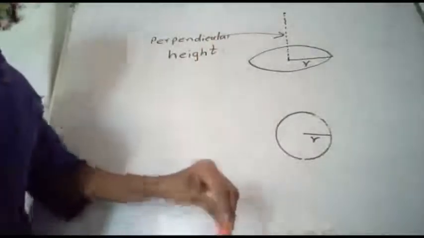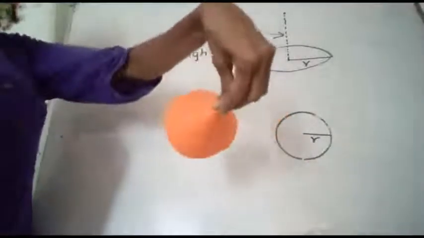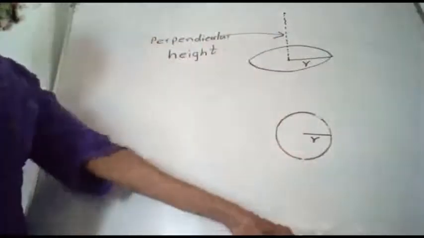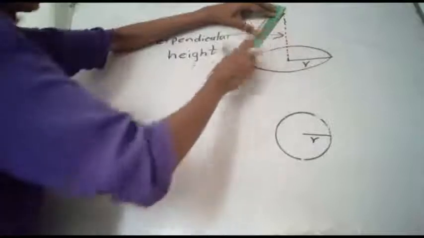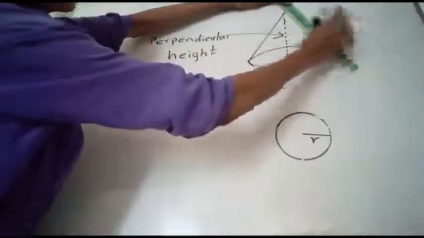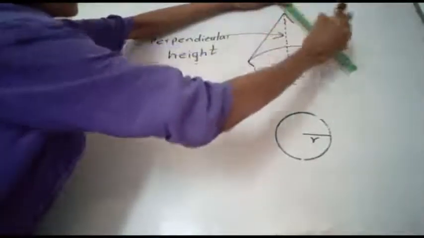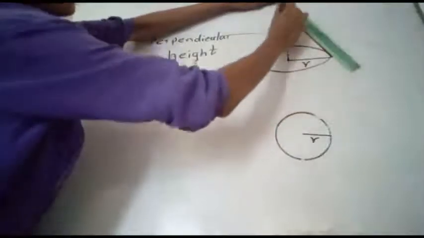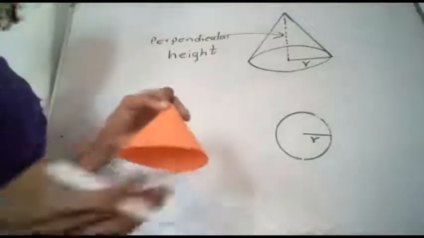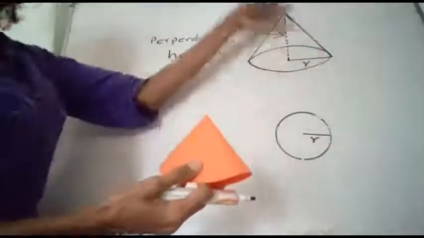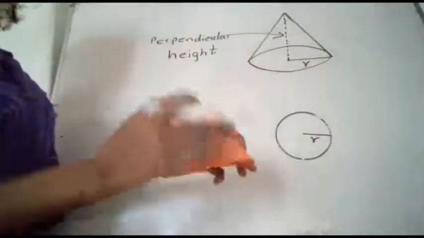This is the curved surface. When we draw, this is the slant edge.